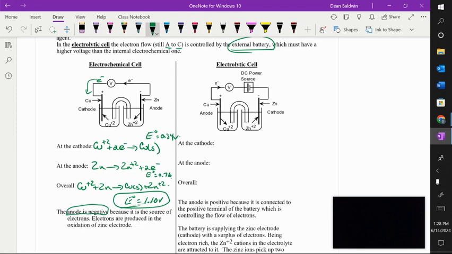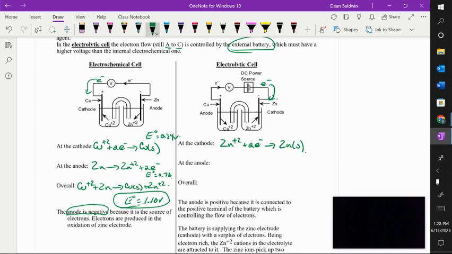That's an electrochemical cell. In an electrolytic cell, we reverse it by sticking a battery on it. So that means the electrons are flowing in this direction and are going towards the zinc. So the cathode has been flipped. The cathode is the zinc ions picking up two electrons to form zinc solid.